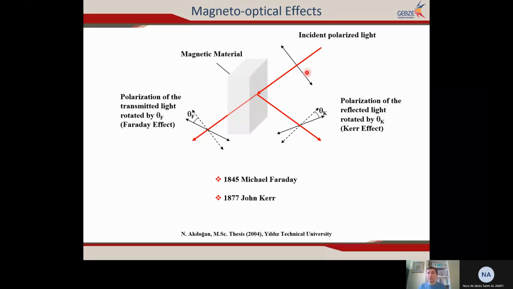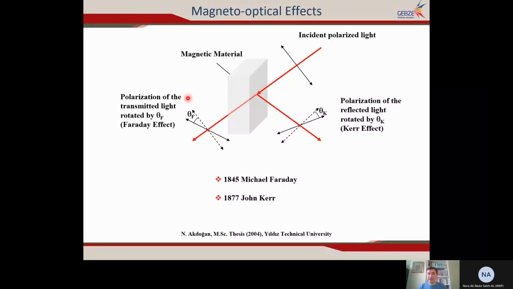If polarized light passes through this magnetic material, its initial polarization is rotated by a certain angle, which is called the Faraday angle. This effect is called the Faraday effect.